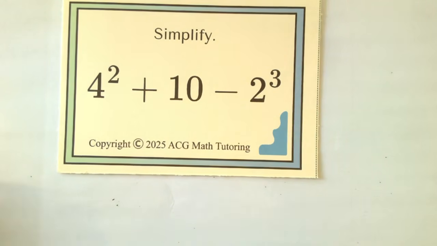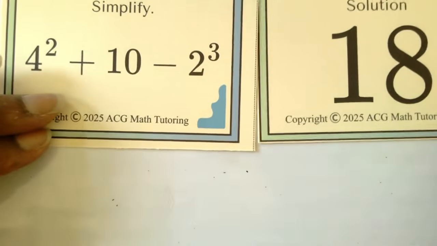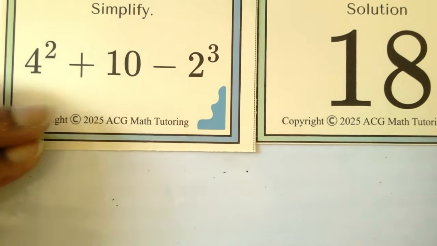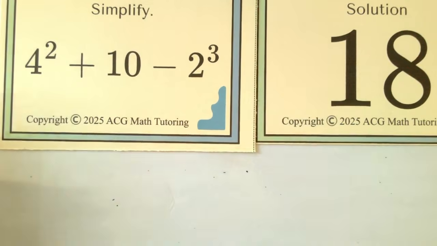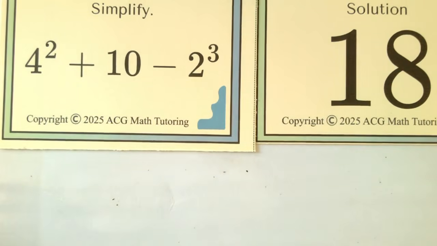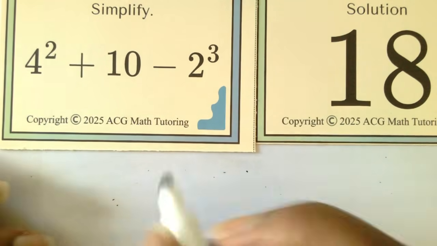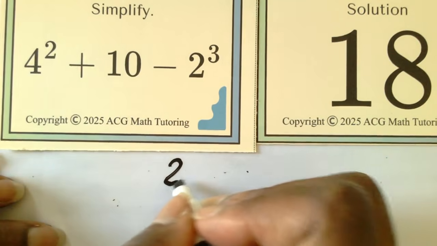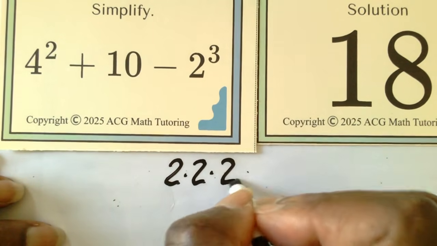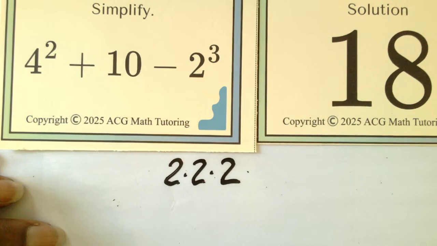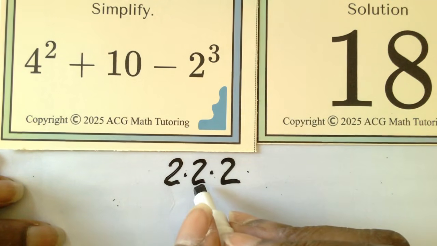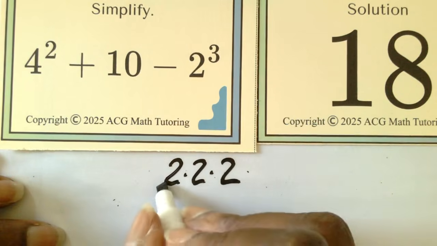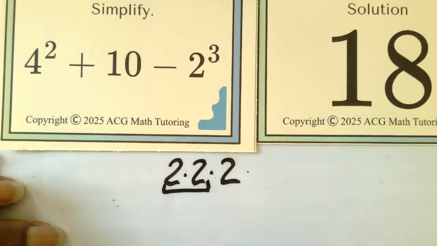Some, I see you. All right, so we have an answer of 18. So let's take a look. Now, I know we don't see cubes too often, but a cube is basically you're telling this base of 2, hey, I need for you to multiply your base 3 times. So 2 times 2 gives me 4, and this 4 times that 2 gives me 8.